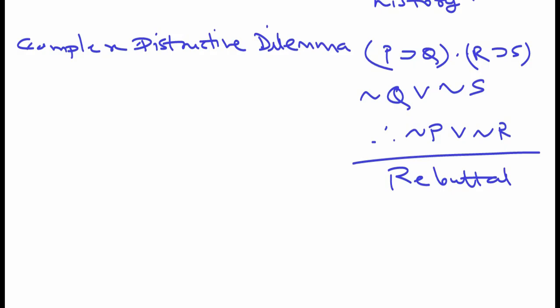The same method is applicable to the rebuttal of a complex destructive dilemma by negating the antecedents and transposing them. So in this we have to negate the antecedents, that is the P and the R, and transpose them, that is P goes in place of R and R goes in place of P.